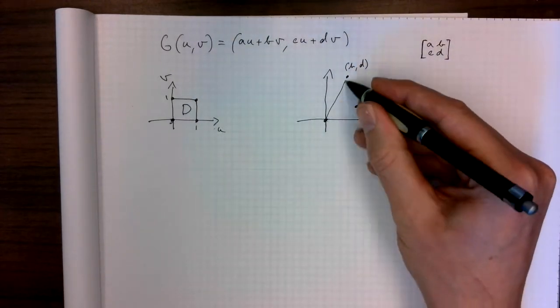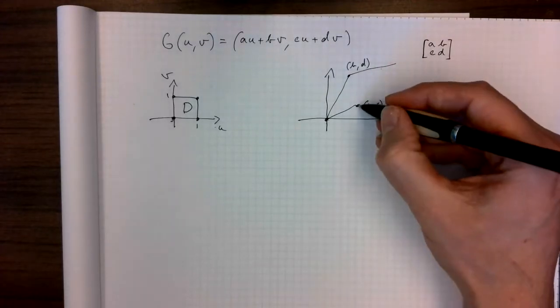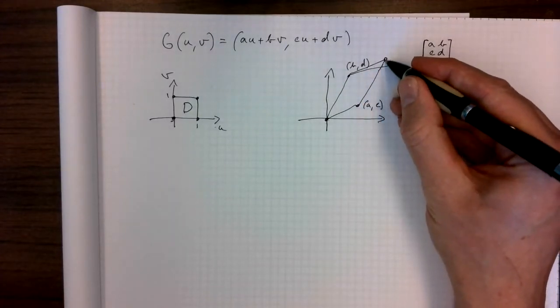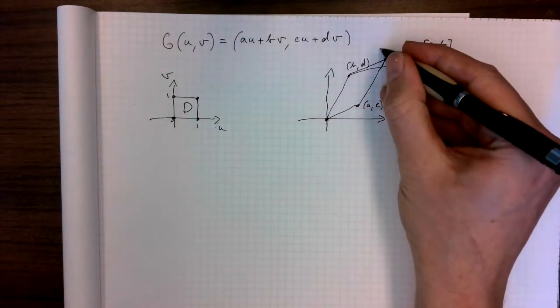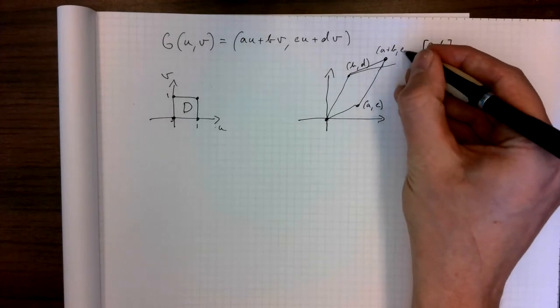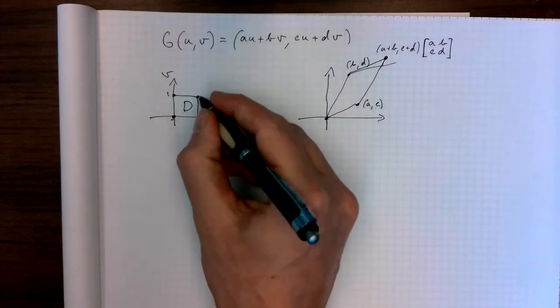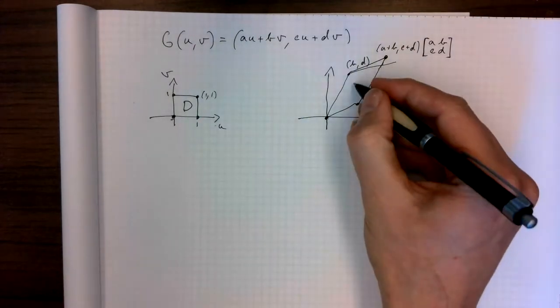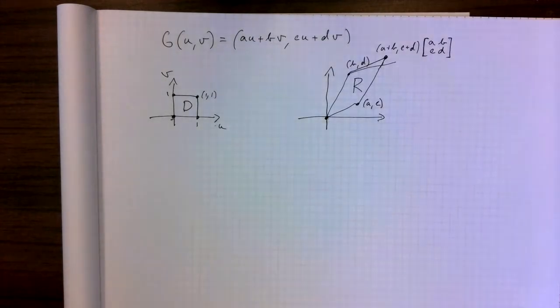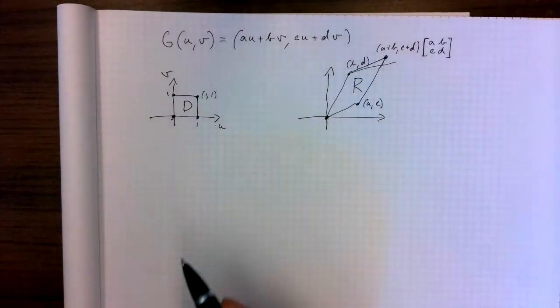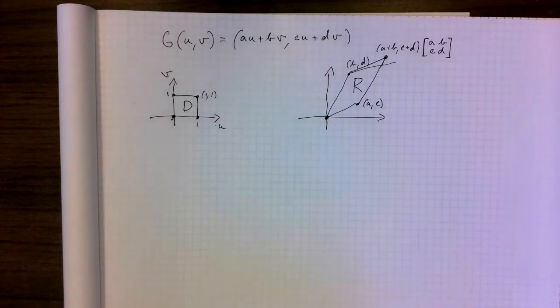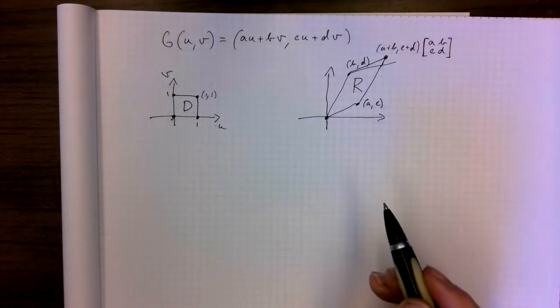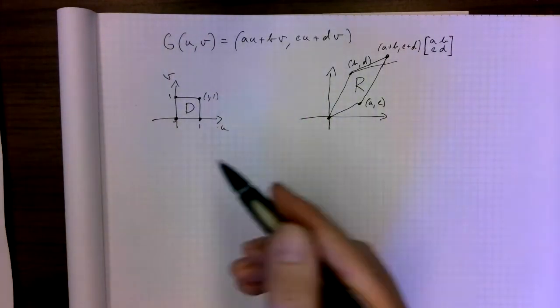This guy over here goes to A plus B, C plus D, right? Because this is the point 1, 1. So this is my R, as we've seen these sort of pictures before. So a linear map is always going to take a rectangle into some parallelepiped. All right, so that's for a linear map.